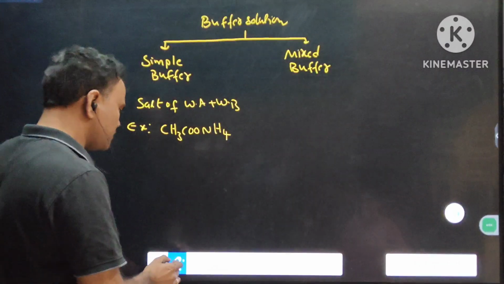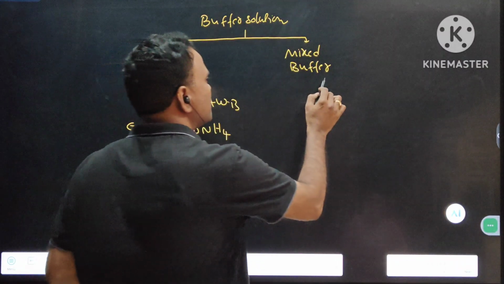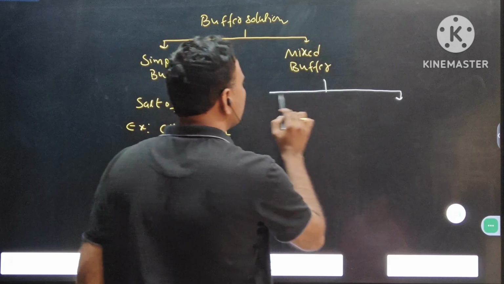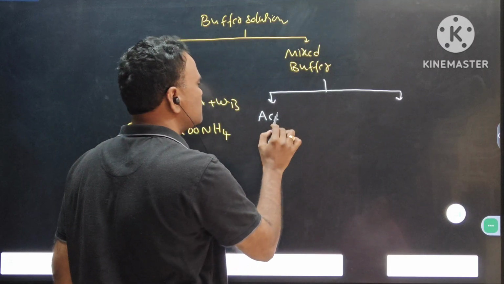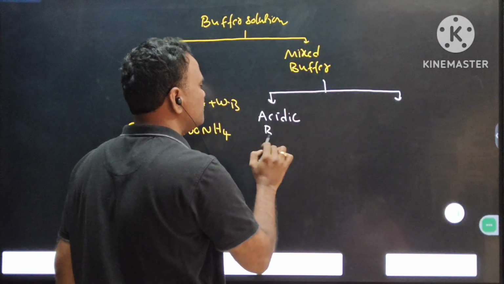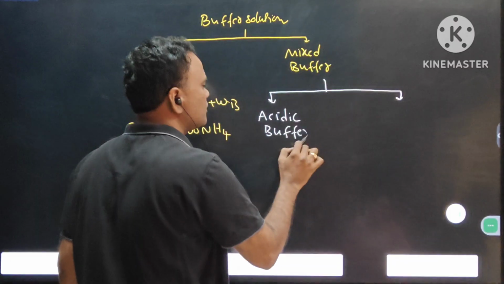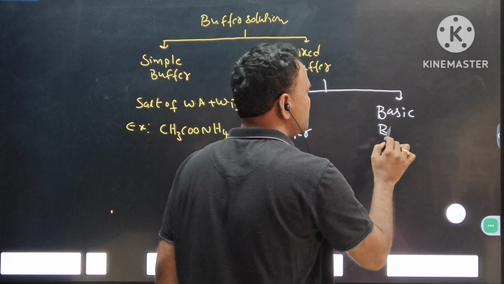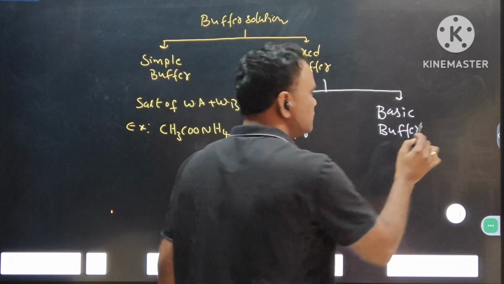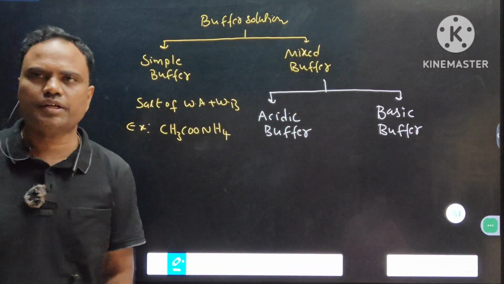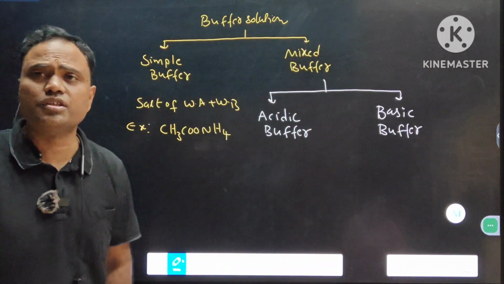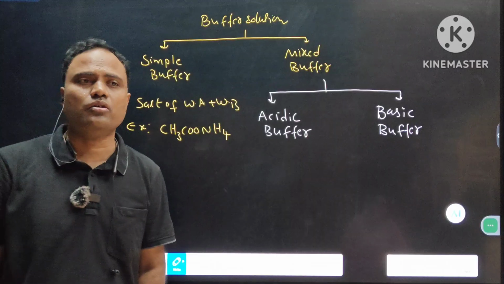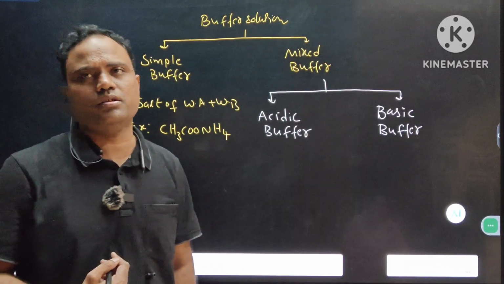Mixed buffer is classified again into two categories: acidic buffer and basic buffer. How to remember the examples?